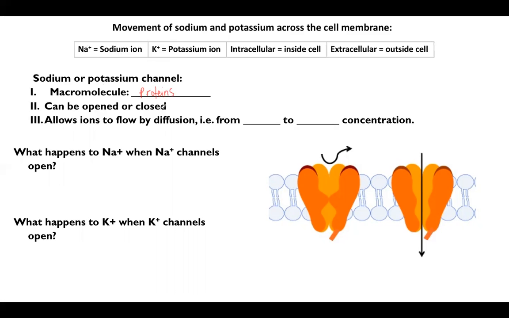They can be opened or closed depending on the need for the cell. But remember, this is still passive transport, so it doesn't require energy, and it still flows by diffusion. That means it's still from a high concentration to a low concentration.